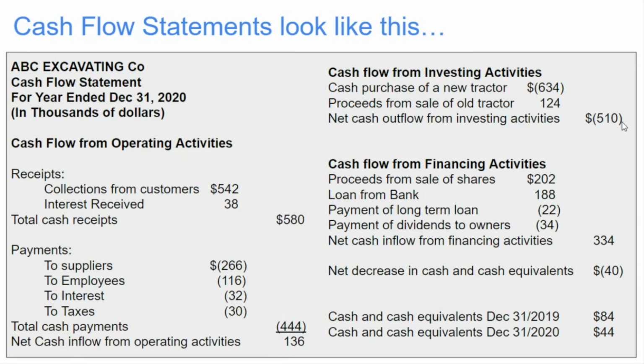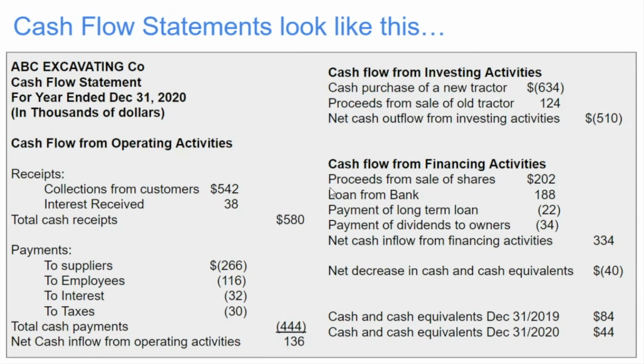You sold the old tractor and got $124,000 coming in. So the difference between the two was the net cash outflow. In other words, how much that tractor actually cost you was $510,000 out. We put things in brackets to indicate that it's a negative. That's what the brackets are for, money going out. So that accounts for the money that was spent on a tractor.